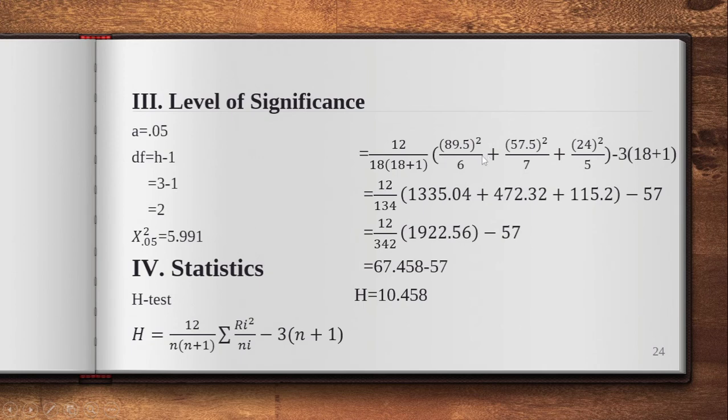Ito po yung total dito. So, minus 57 kasi po pinag-plus yan at pinag-times. So, we have 57. Now, 12 over 342 times 1922.56 minus 57.